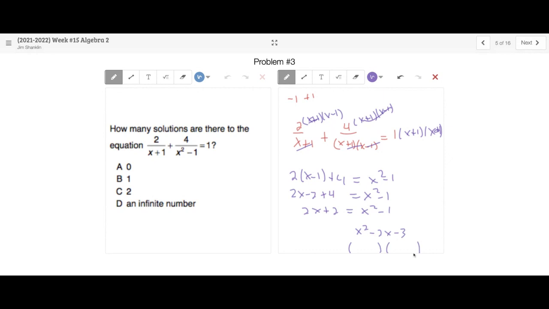If I factor it, -3 and +1, x minus 3, x plus 1. So my solutions are x equals 3 or x equals -1. But we already said that x equals -1 is an extraneous solution. So for those of you that said letter B, that there's only one answer, you are absolutely correct.